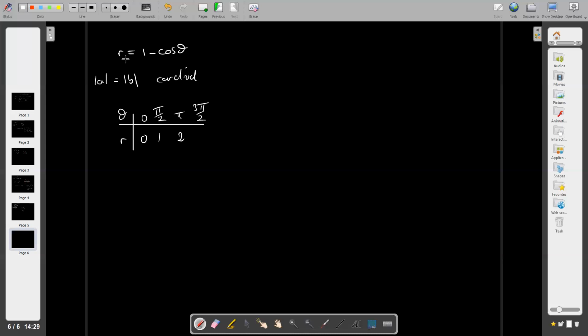Cosine of 3 pi on 2 is 0, so 1 take 0 is 1. These are all positive, and so we're going to end up with a shape like this. That's green. It's going to open out like this as a cardioid.